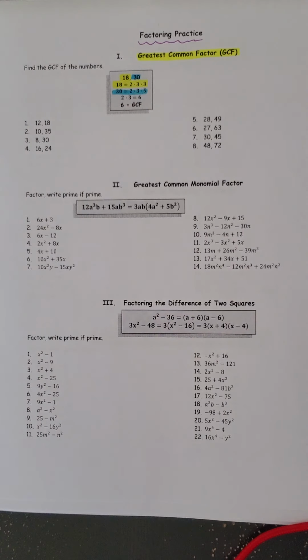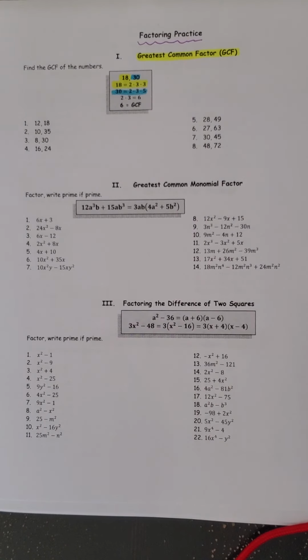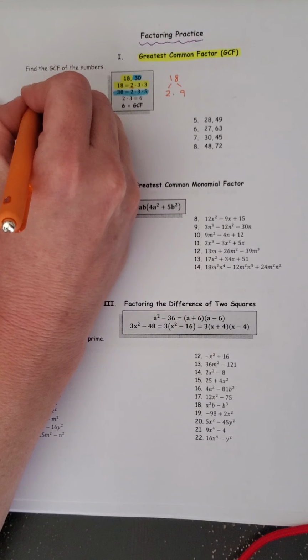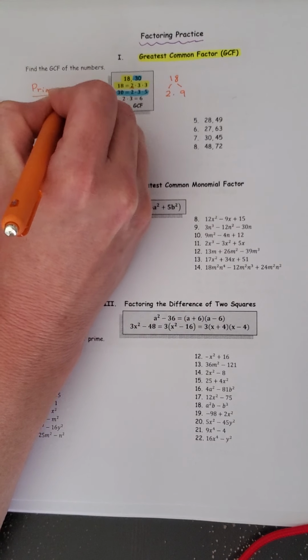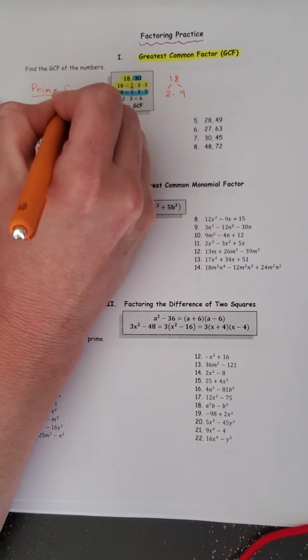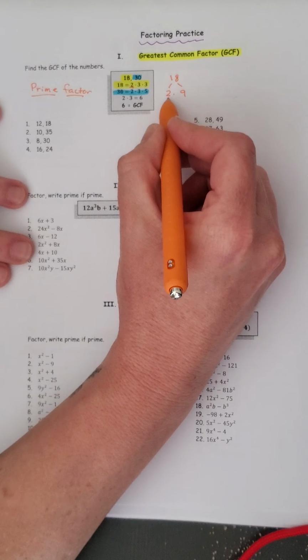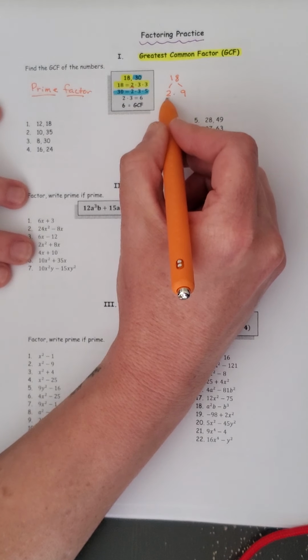So they look at the number 18 and they say, okay, well, I know that 2 will go into 18. Right, 18 is 2 times 9. And then they say, well, it's not prime factored, so you're prime factoring. That means you're getting it down to numbers that can't divide anymore, like 2 can't divide anymore.